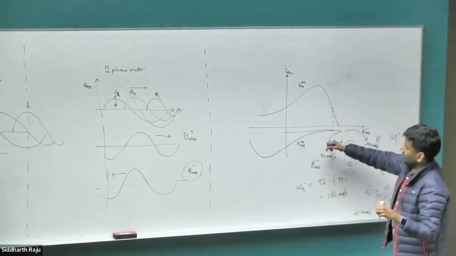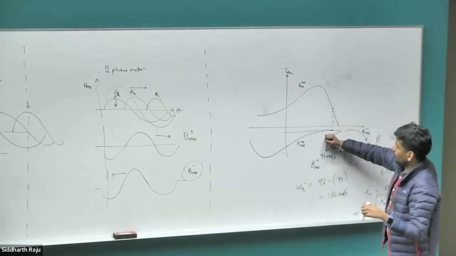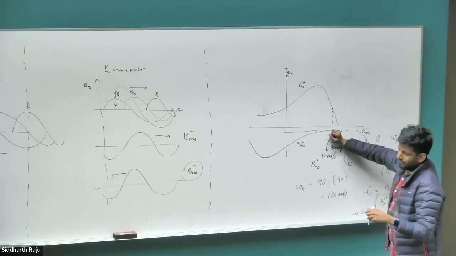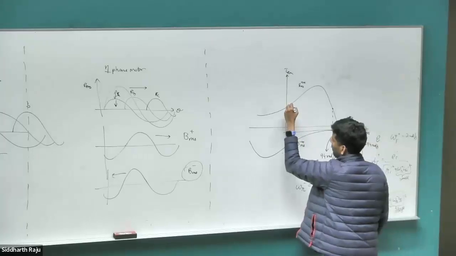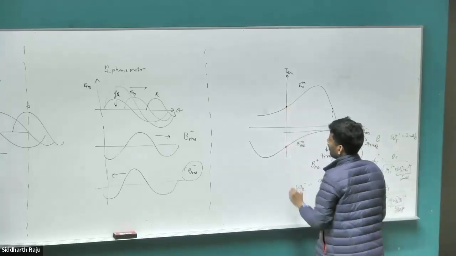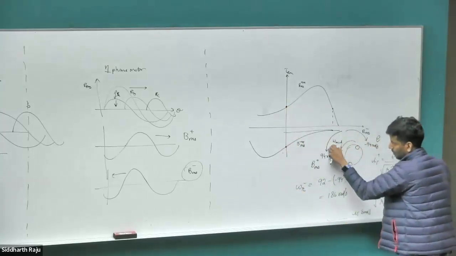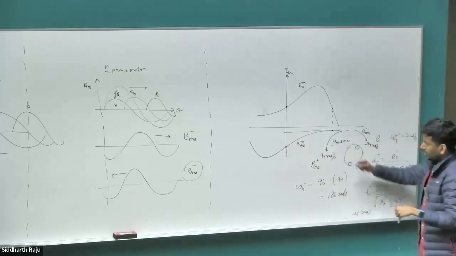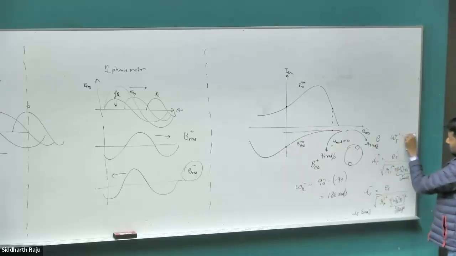So once the rotor has started rotating in a one-phase motor, the positive component would end up producing more torque than the negative component. But at standstill, when omega mech is initially at 0, both the positive sequence rotating component and the negative sequence rotating component are rotating at the same speed.